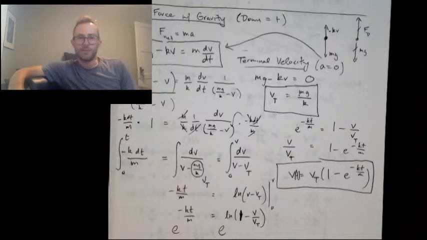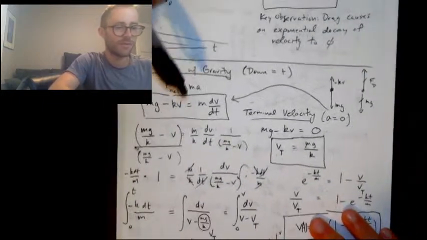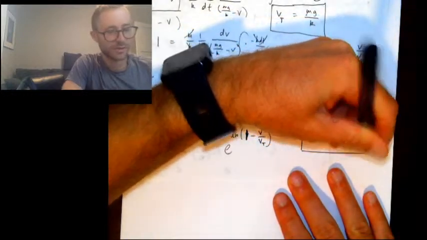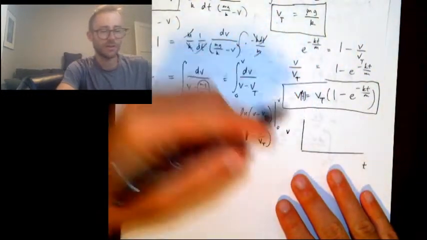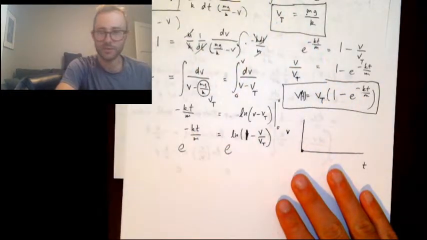So how is this different from the case with no gravity? Well, when we have gravity, your velocity time graph is going to actually look like this. This starts at rest. So we start out with a velocity of 0.